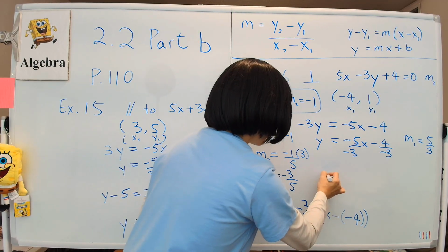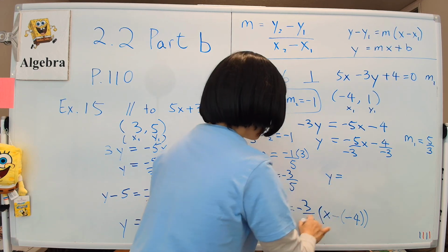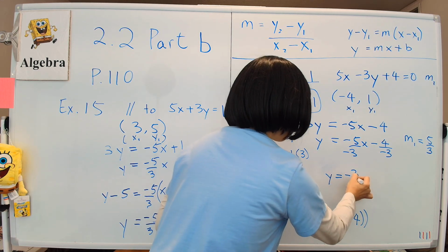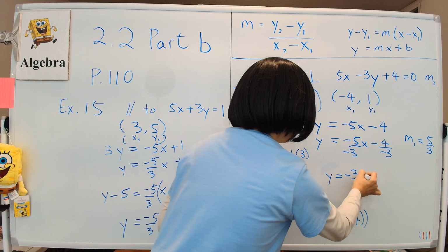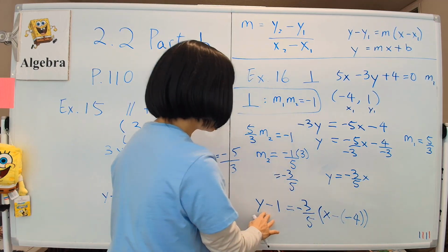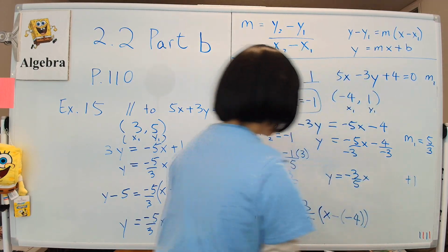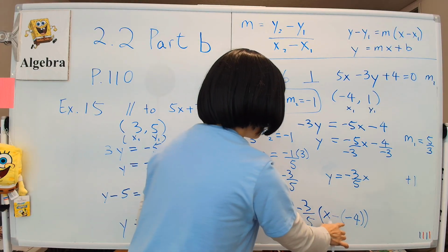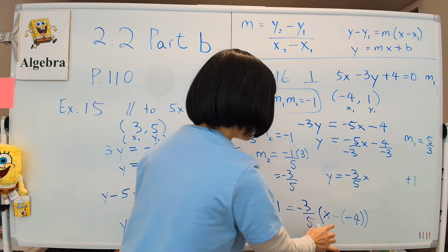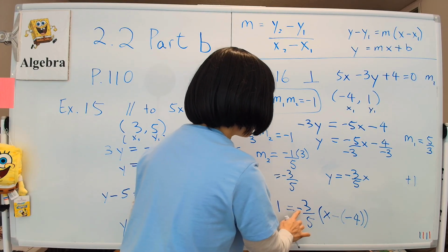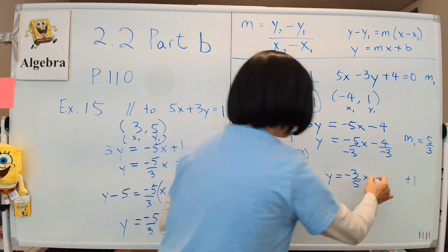So we have y equals -3/5 x. Let's push the -1 to the other side, it becomes +1. And then this times, that's positive, so it becomes negative. In other words, you have 3 negative signs together, it becomes negative again.